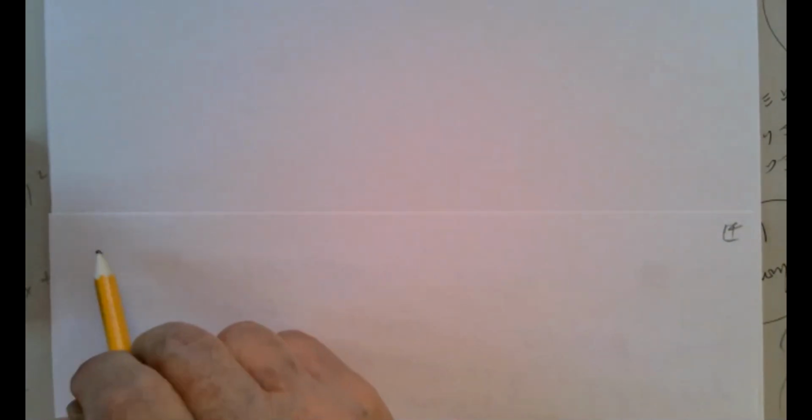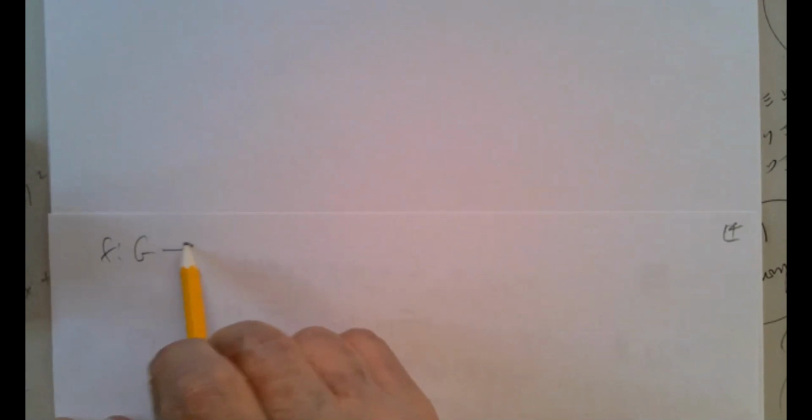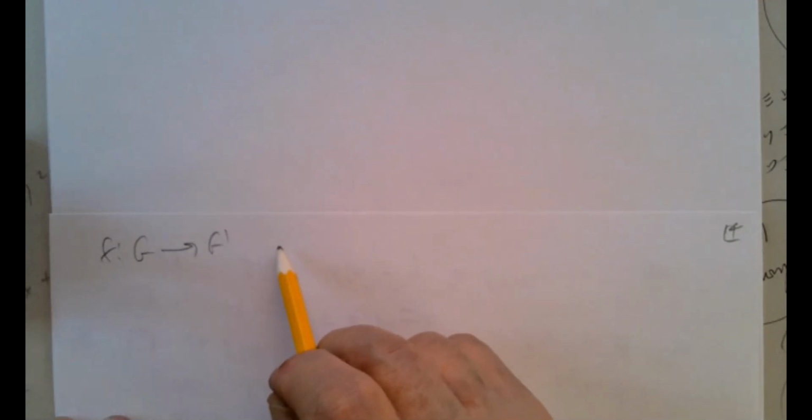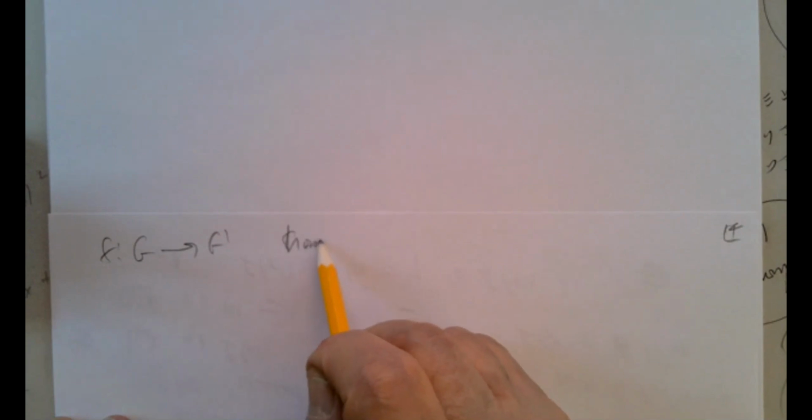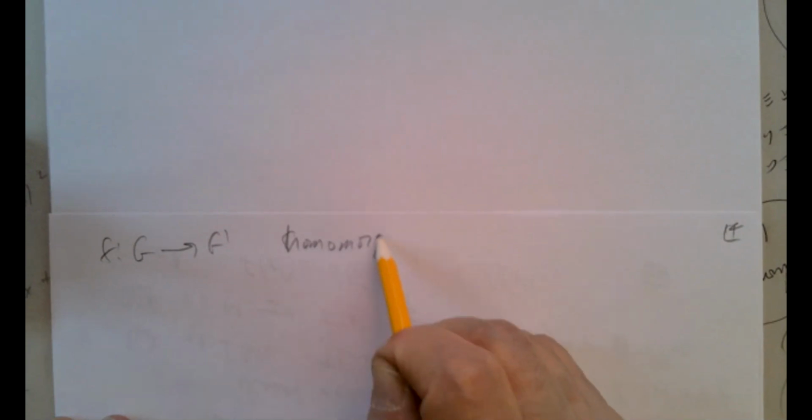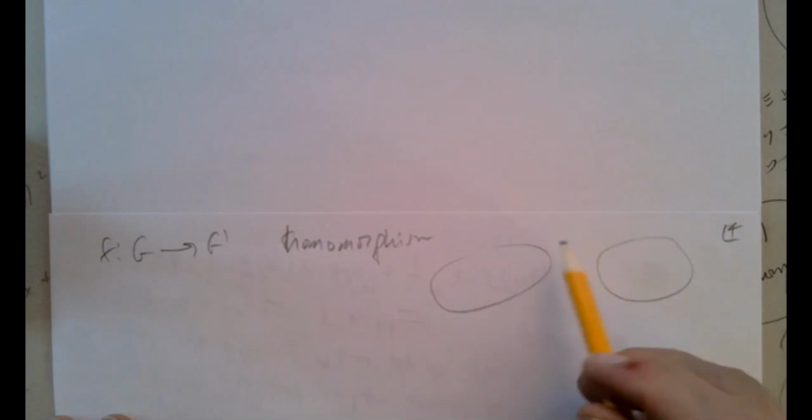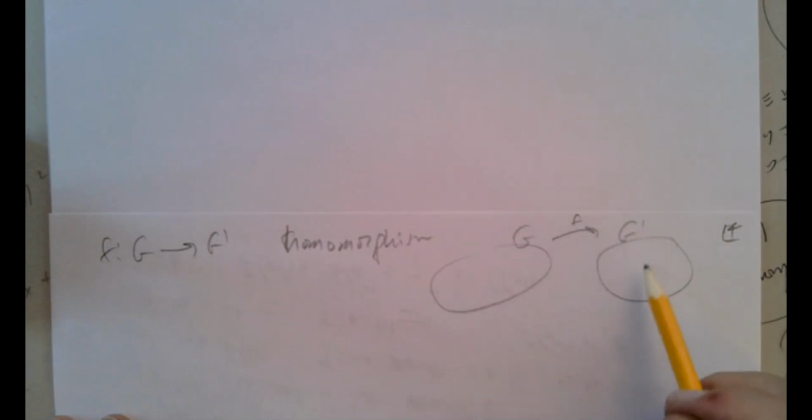So again, we have groups G and G prime and a homomorphism f from G to G prime. And now we're looking at this going in the opposite direction. Here's G prime, here's f.